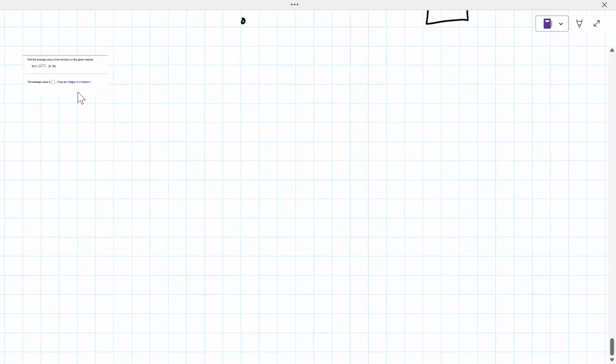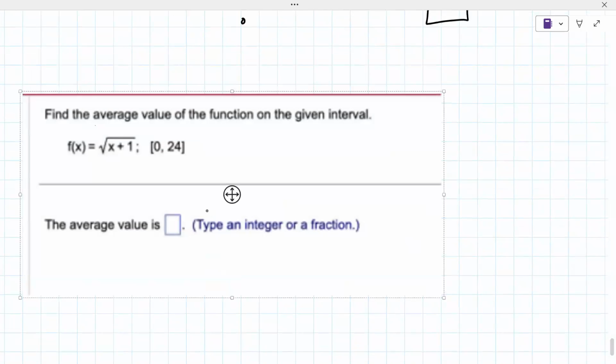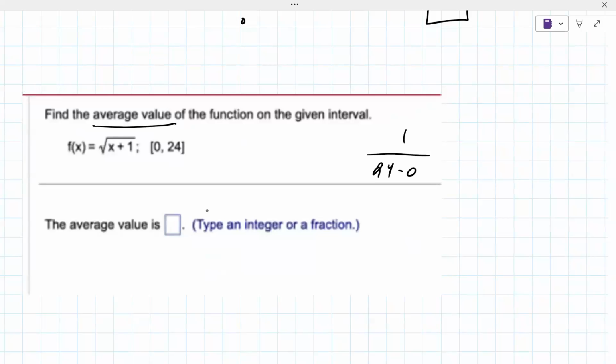Okay. So really similar average value. It's the same formula as what we've been using. It's 1 over 24 minus 0, integral 0 to 24, square root of x plus 1 dx. You will again go to your calculator. I assume this will work. The square root might be a slight problem. I'm not using a TI-83, full disclosure.